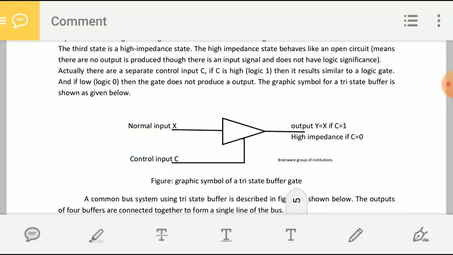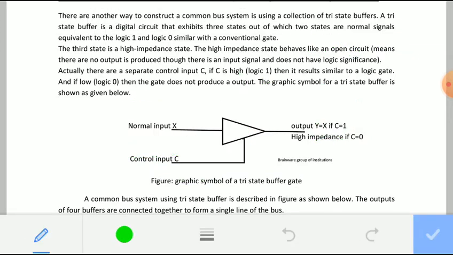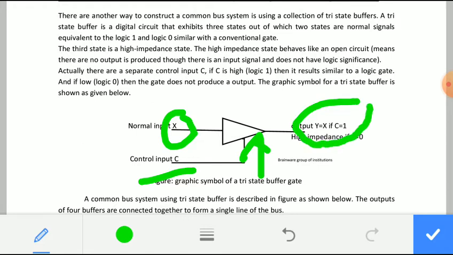So when the control unit is 1, the control unit gives 1 to this tri-state buffer, and the buffer will forward the input x to the output. See this part: y is equal to x if c is equal to 1. That means when the control is 1, it will forward the input value to its output.